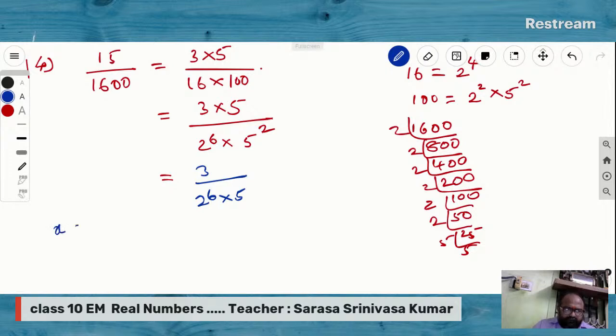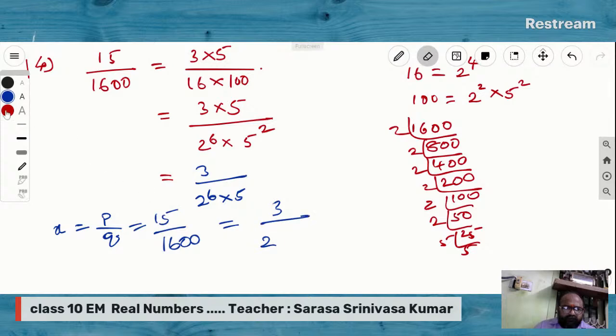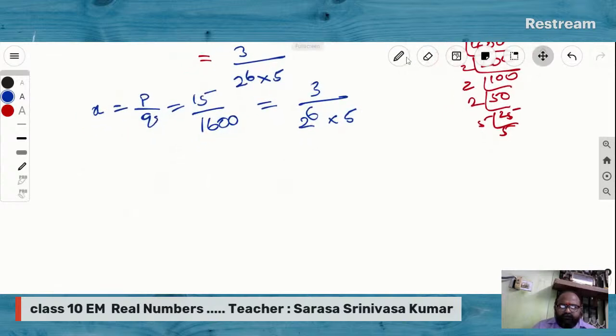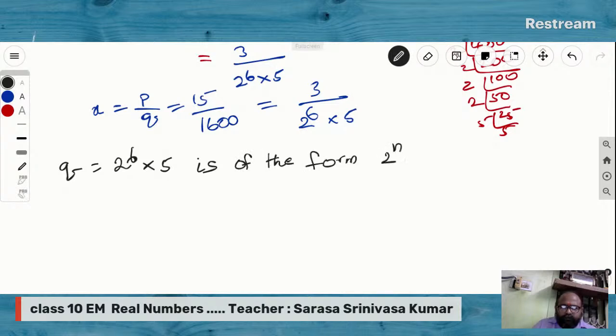I can write x equal to p by q, equal to 15 by 1600, equal to 3 by 2 power 6 multiplied by 5. Now what I can conclude is that q equal to 2 power 6 multiplied by 5 is of the form 2 power n 5 power m.